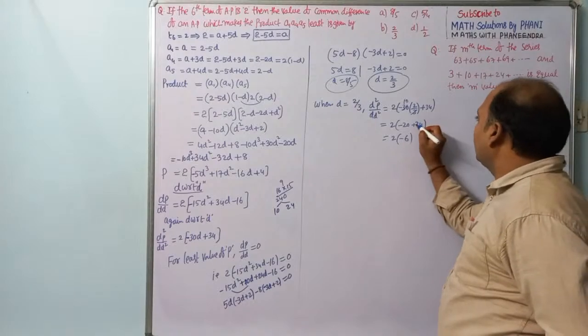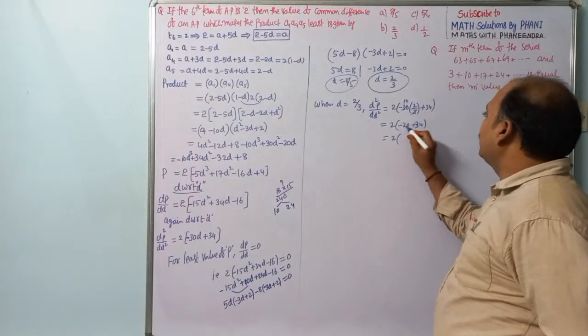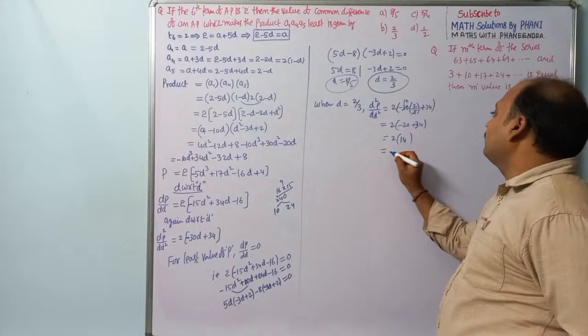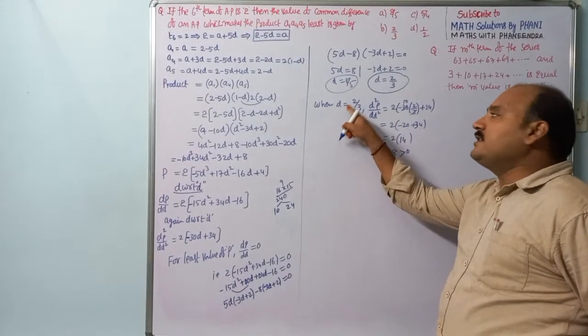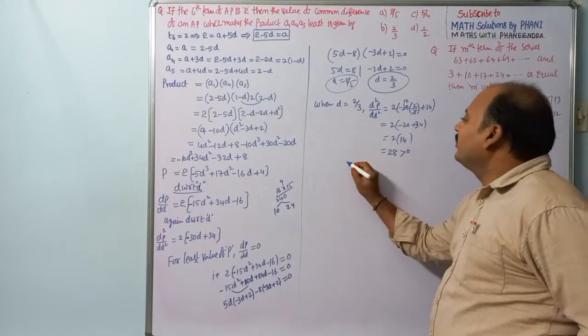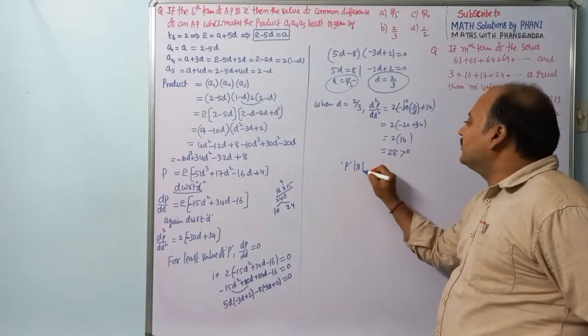Okay, sorry, not 34, 34 means 14, 14 will come 28 is greater than 0. Whenever the second derivative at d equal to 2 by 3 is greater than 0, so p is least.